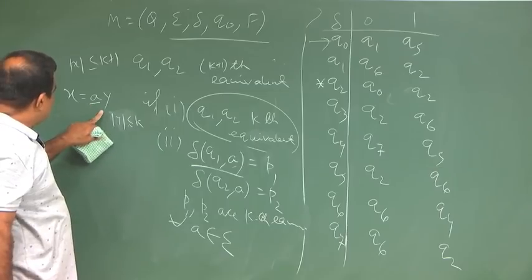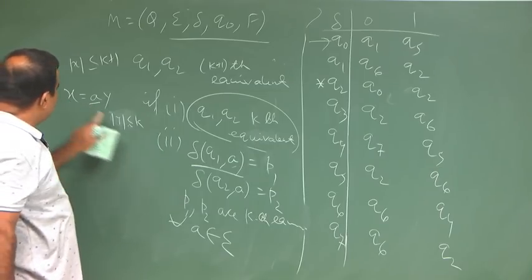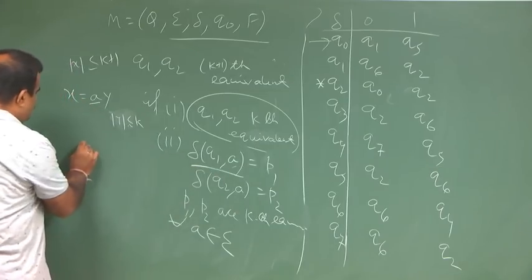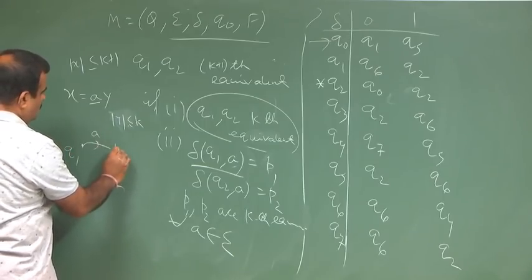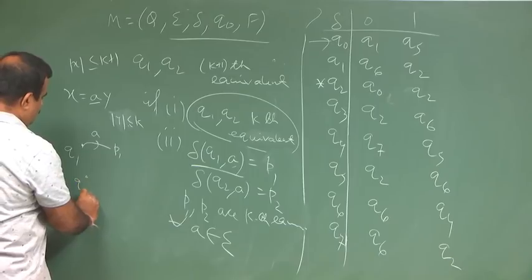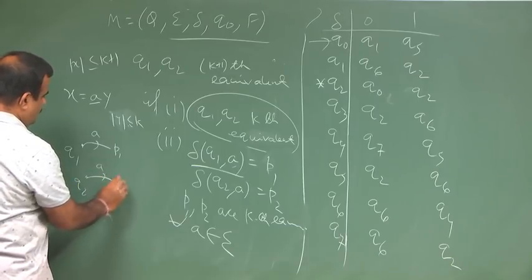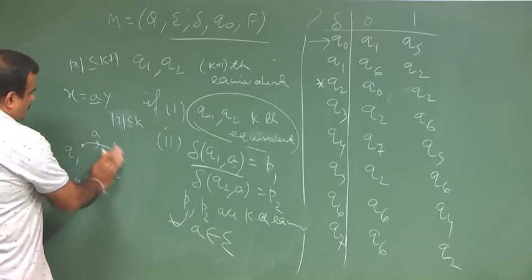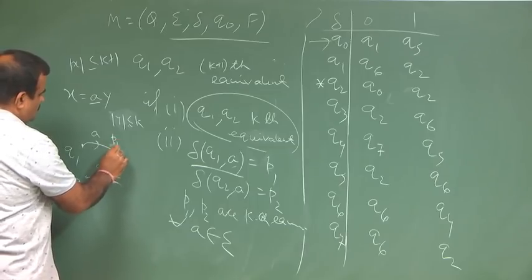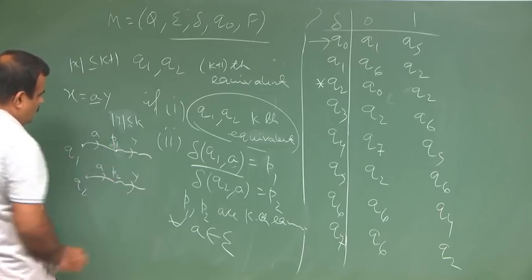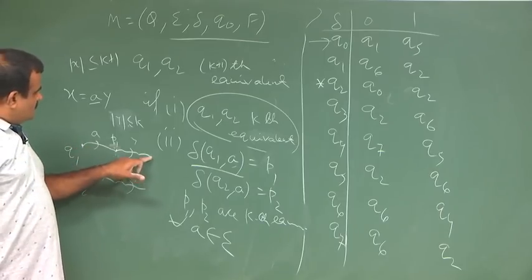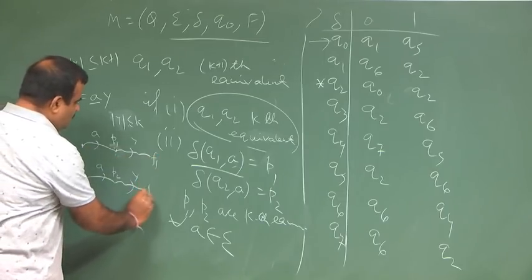So, that means this has to be k equivalent, because we start with q1, we take a, we go to p1, we start with q2, we take a, we go to p2. Then we apply this y, so they go to the same kind of state, either f1 or f2.